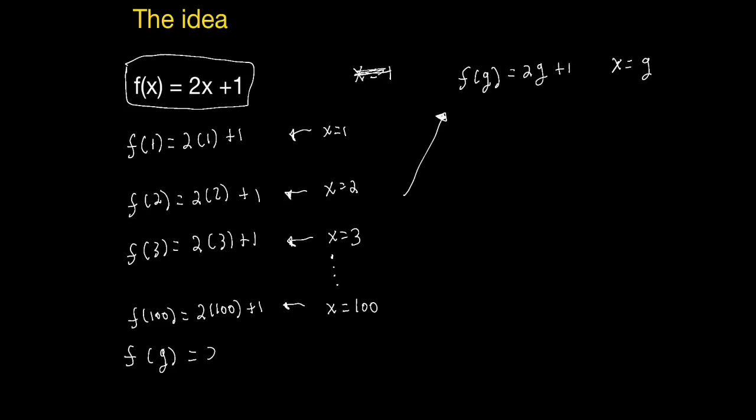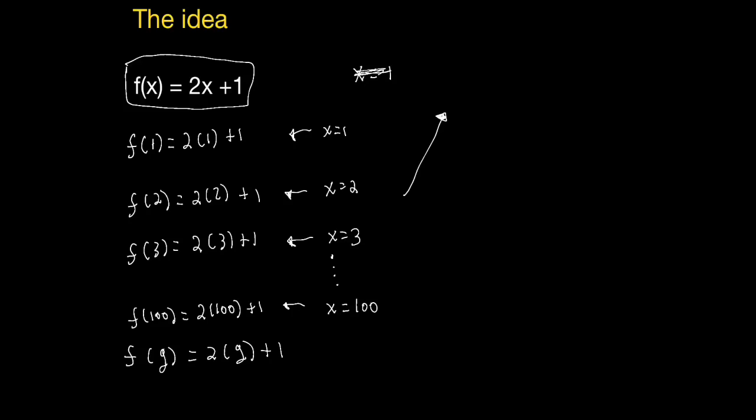So again, I want you to notice this pattern. The only thing that changes is your input. The 2 and the 1 stay the same. The only thing that changed was what I put inside these parentheses. It doesn't matter if it's 1, 2, or g. The rule would be 2g plus 1.